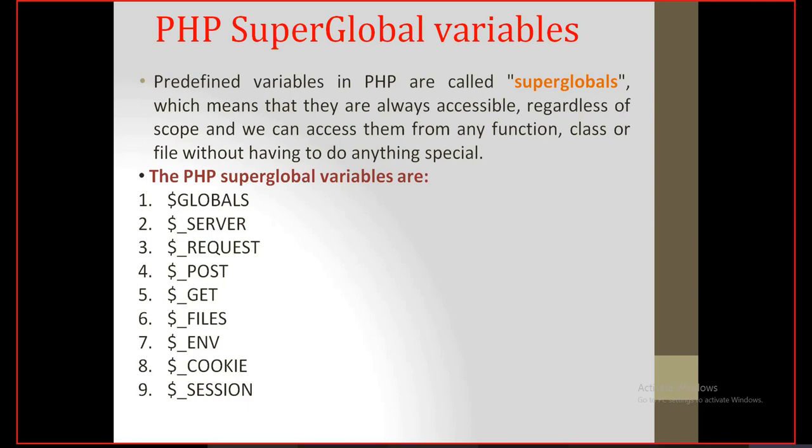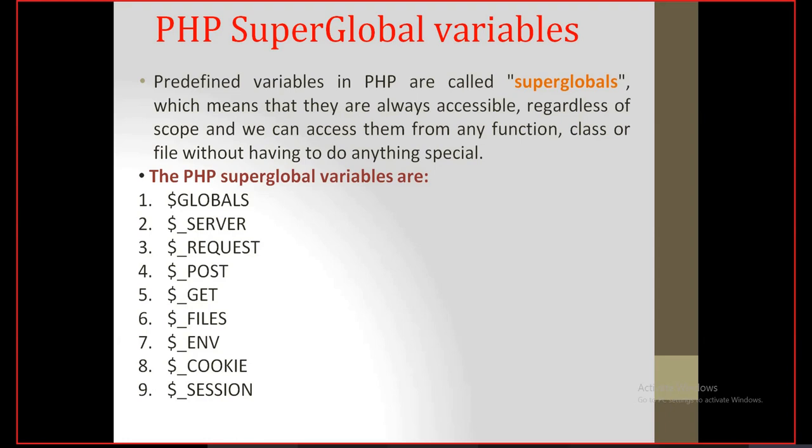by PHP, right? So you can see a list of super global variables provided by PHP, and these super global variables can be used anywhere in any page without doing anything or without requiring to import anything, right?